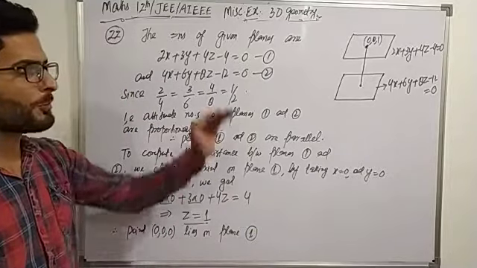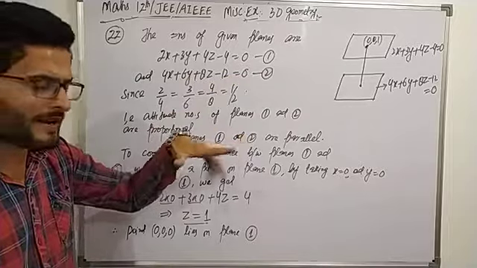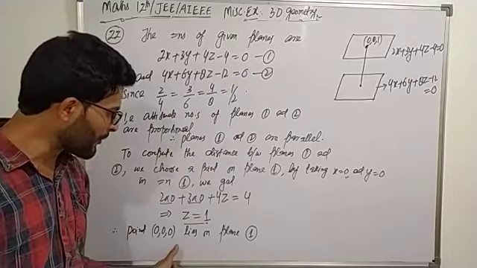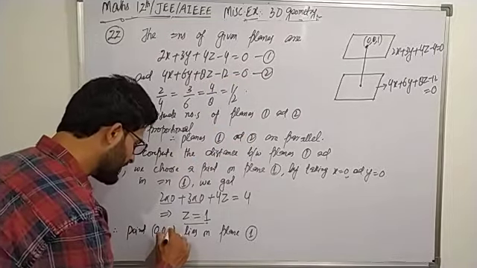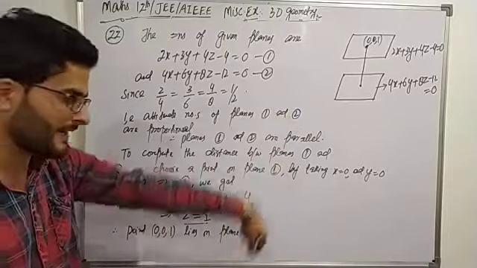अब हमें चाहिए दो planes के बीच में distance. Therefore distance between planes first and second must be equal to the distance of point 0, 0, 1 from plane second.